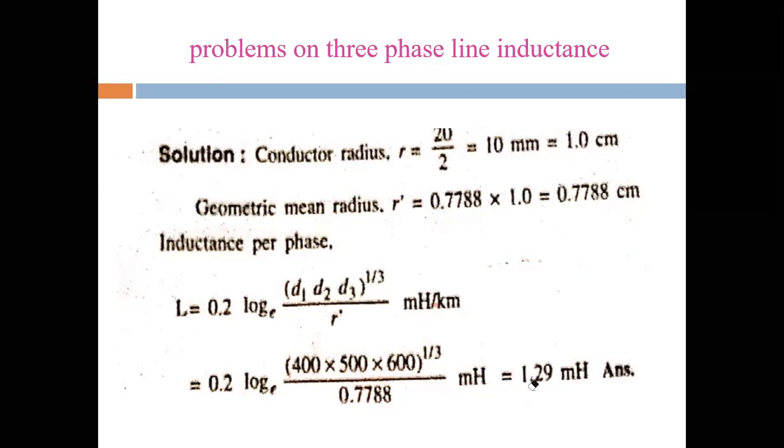That will be equal to 1.29 millihenries. This is the solution for the three-phase loop inductance when the conductors are spaced at triangular corners and having different distances.